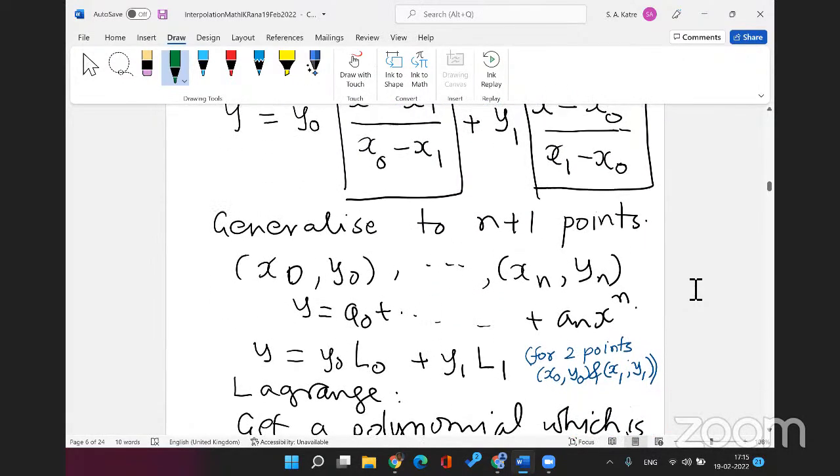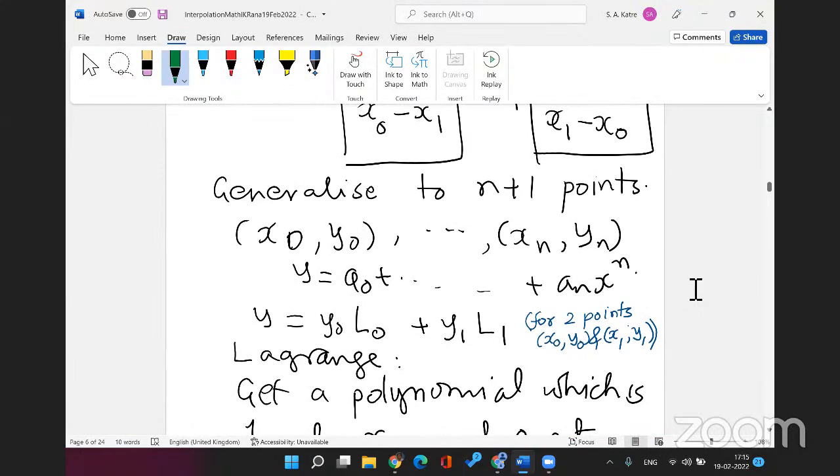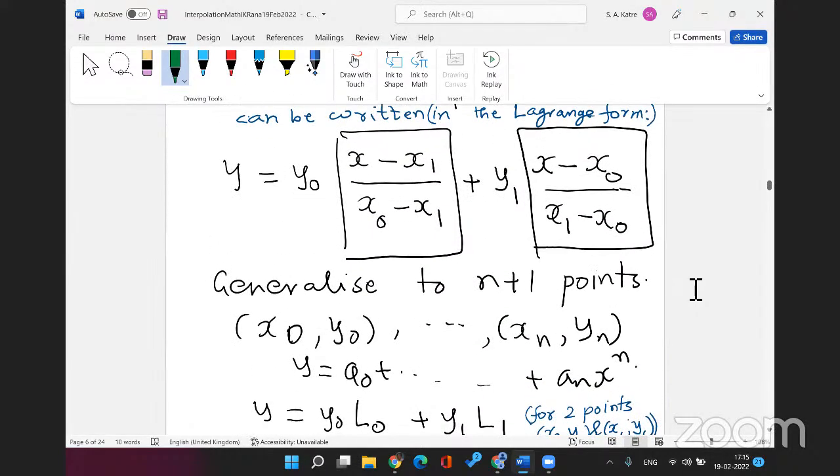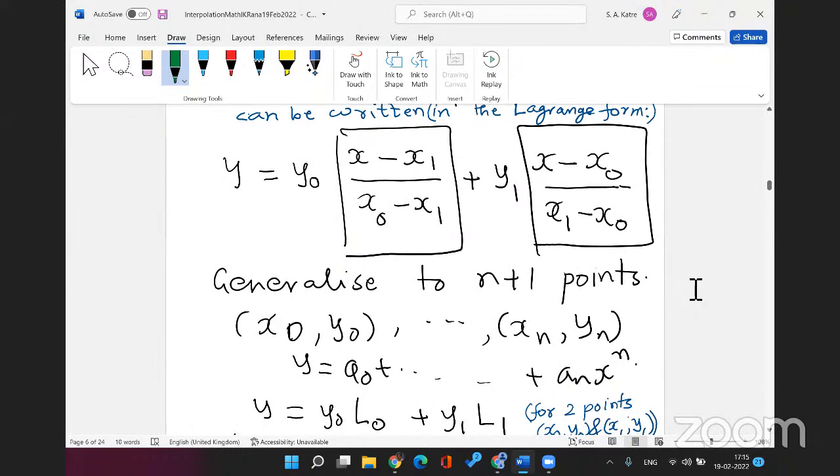And then to generalize this to n plus 1 points, x0, y0, x1, y1, up to xn, yn, what we do is we understand this first way as y equal to y0 L0 plus y1 L1. You can write like this. L0 means this polynomial x minus x1 upon x0 minus x1. And L1 is x minus x0 upon x1 minus x0.